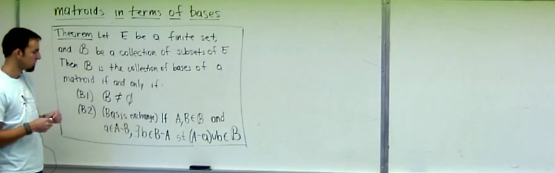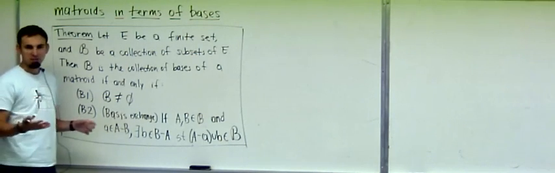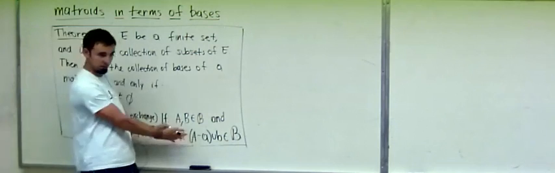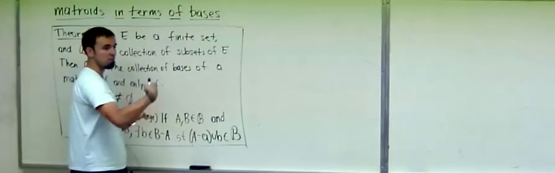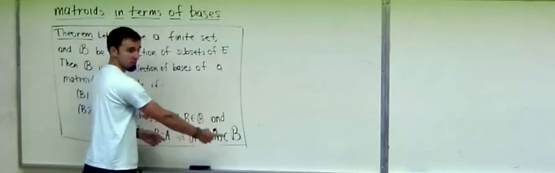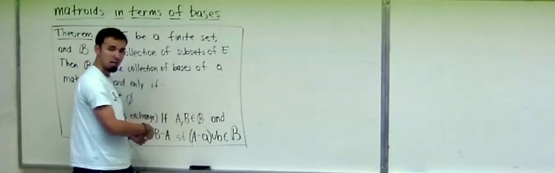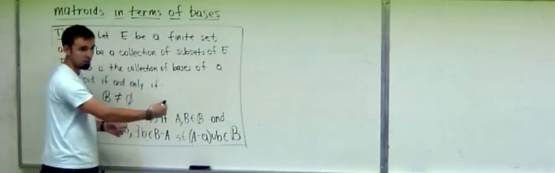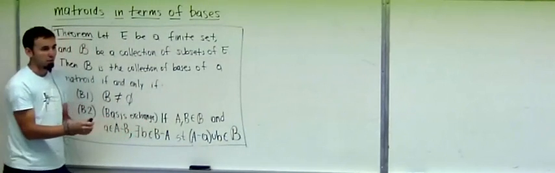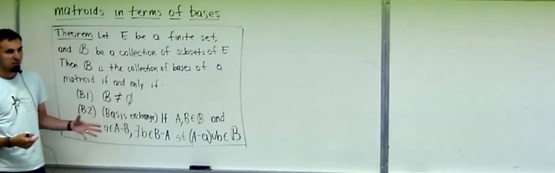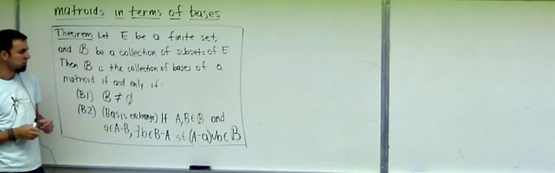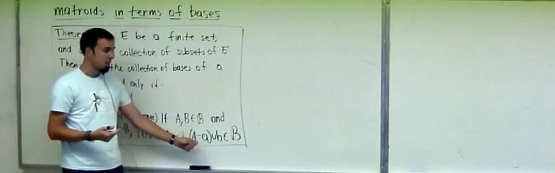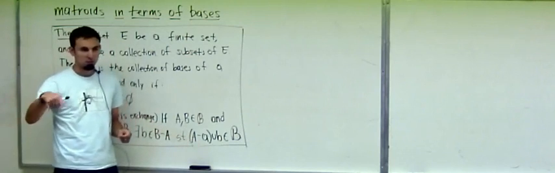Well, Chris's comment is that if you look at these exchanges, you start with A, and if you exchange a for b, then this new basis has the same size. The basis A has the same size as A minus a union b. You might think that means immediately that the bases have the same size, but you have to be a little bit careful, because we do not know that you can get from any basis to any other basis using these exchanges.